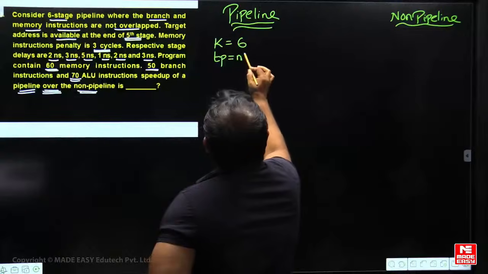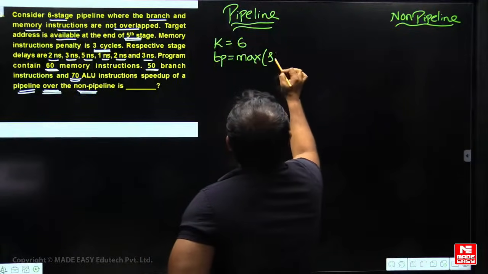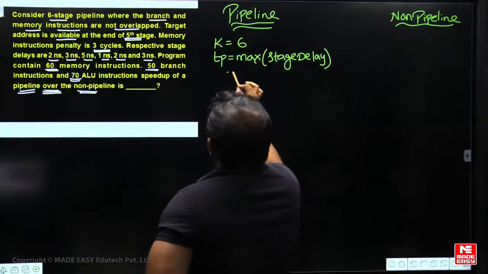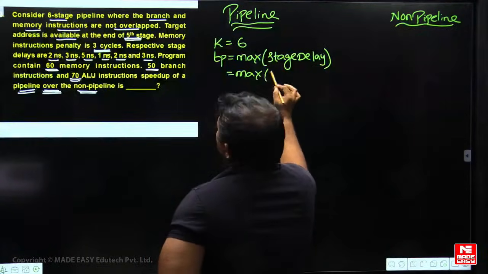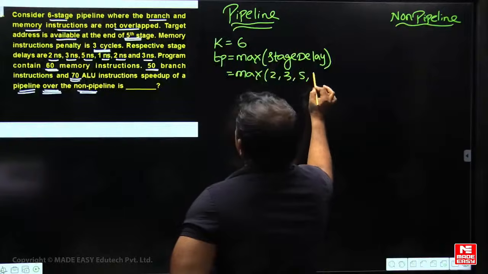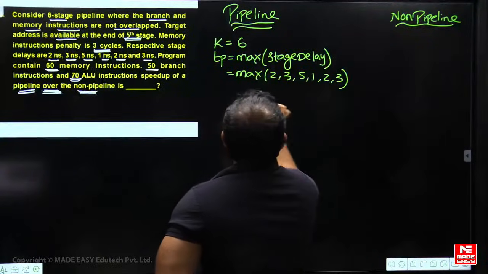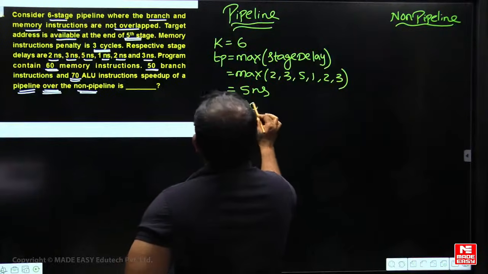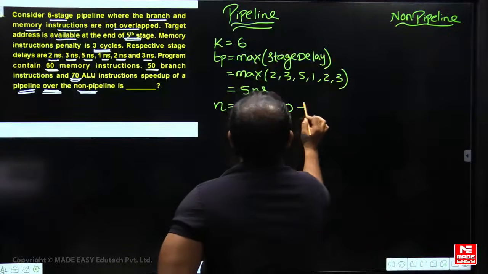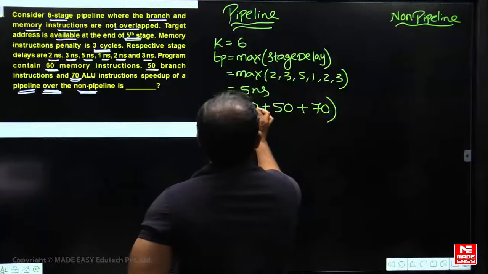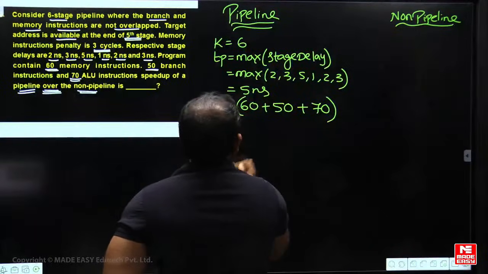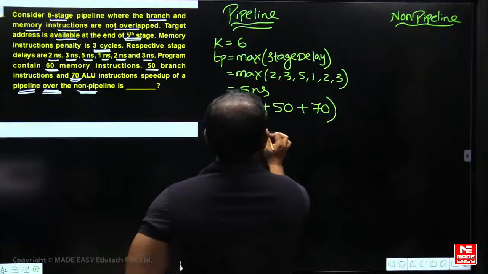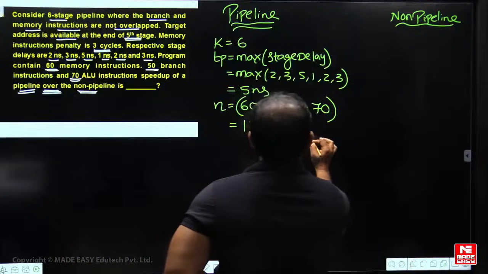Cycle time is non-uniform, so max of stage delays, 5 nanoseconds. n is equal to 60 plus 50 plus 70, so equal to 180.